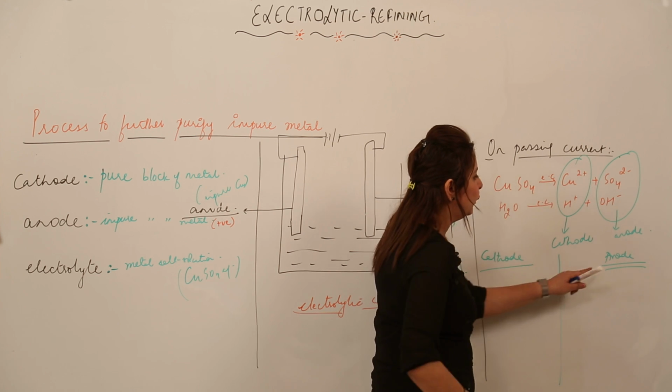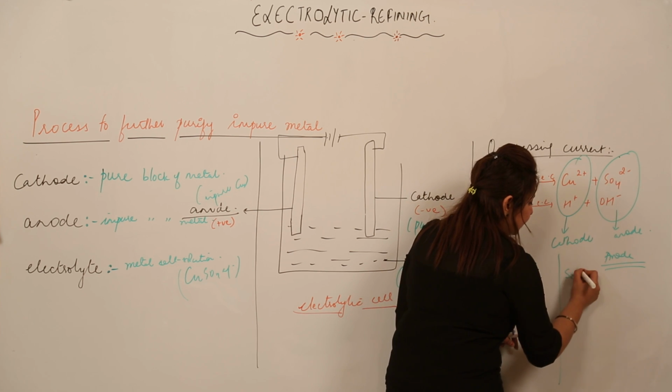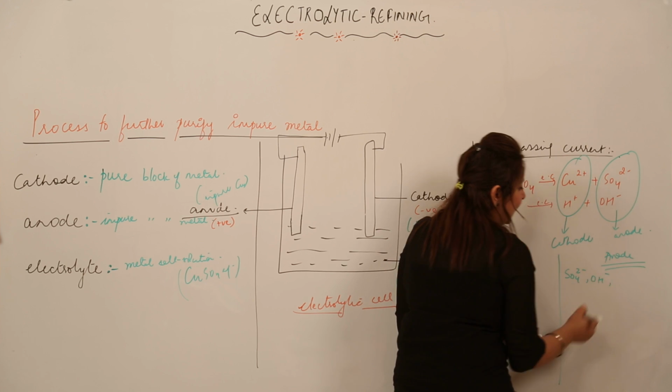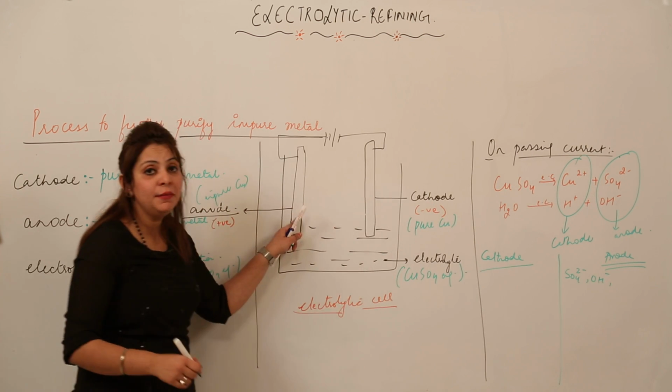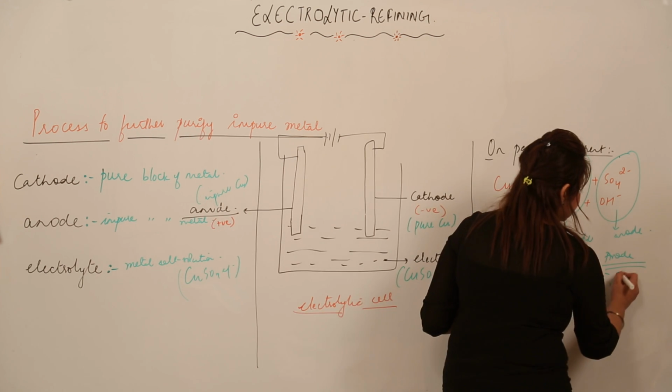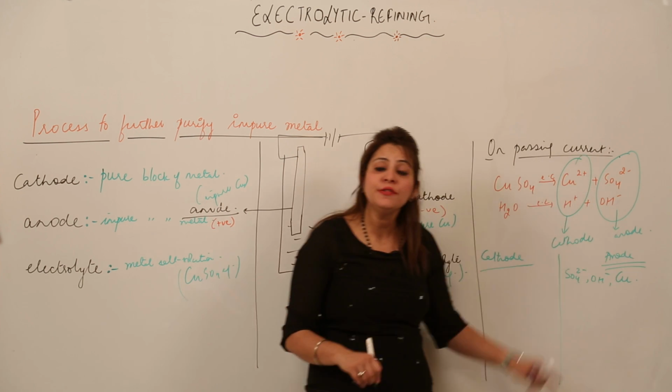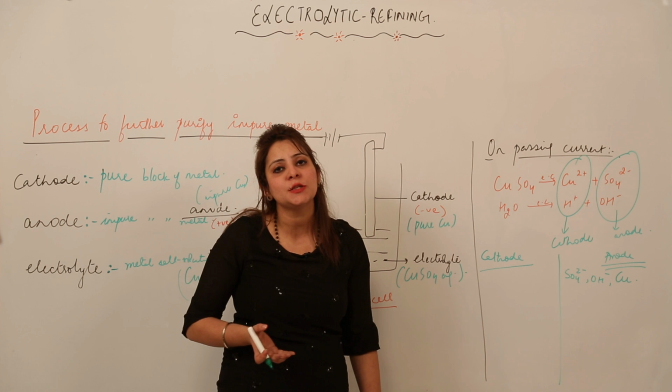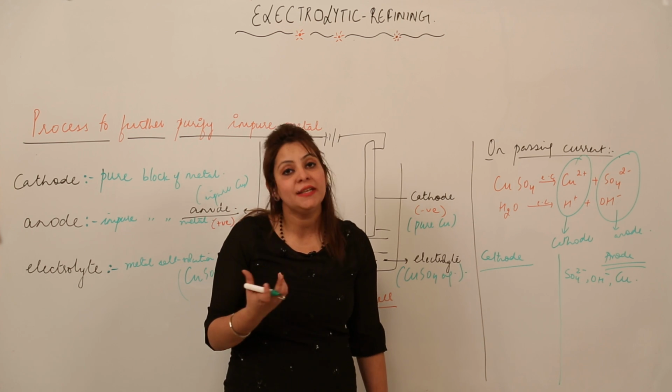On the anode, which ions migrate? Sulfate ions, hydroxide ions, and don't forget the anode is made up of impure copper, so it too has copper atoms. Out of these three, the one with the lowest discharge potential is going to get discharged.